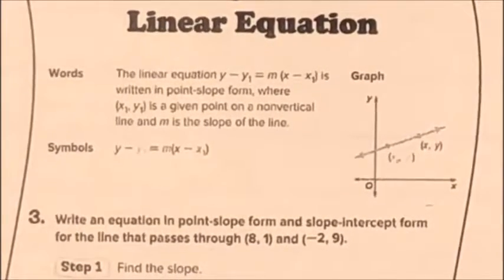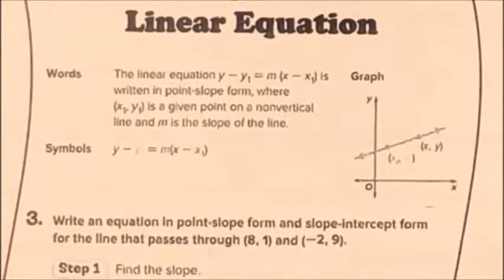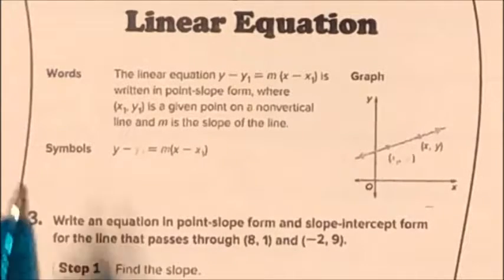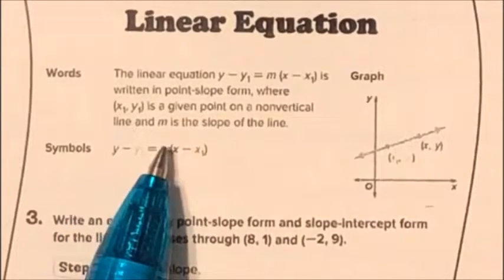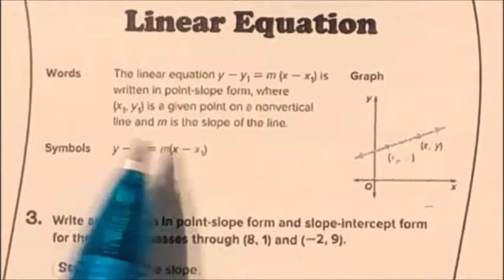In words, the linear equation y minus y1 equals m times x minus x1 is written in point-slope form, where x1, y1 is a given point on a non-vertical line and m is the slope of the line.